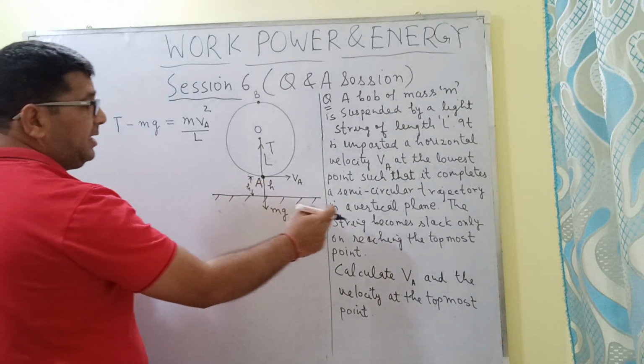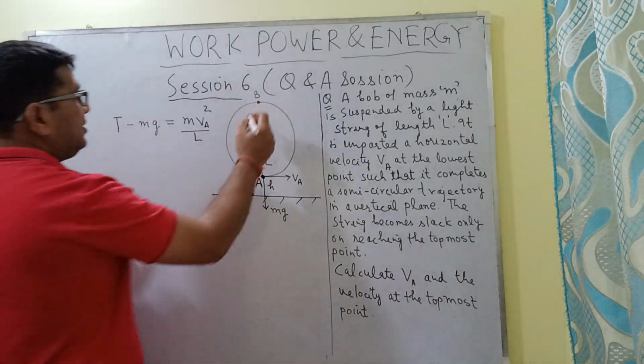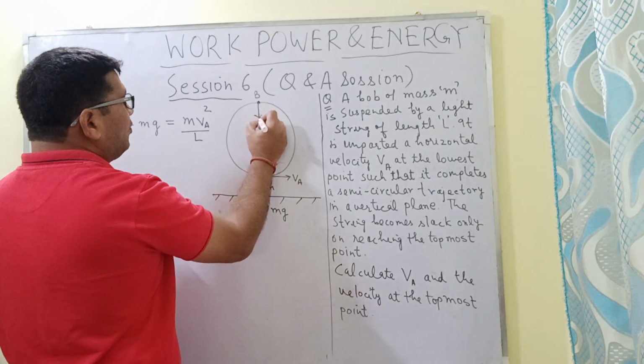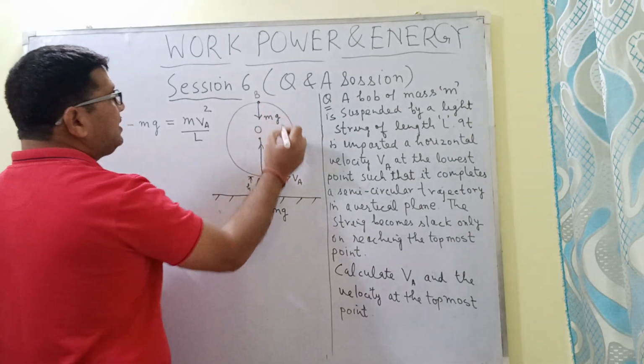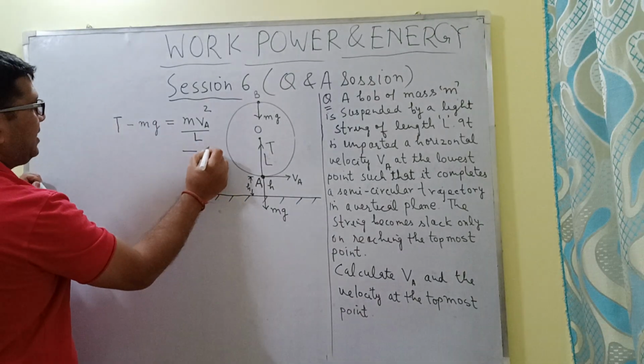Now here it is written that the string becomes slack when it reaches the topmost position. That is, at this position, the weight of the bob will be acting downward. This is the first equation, I am just writing it as 1.